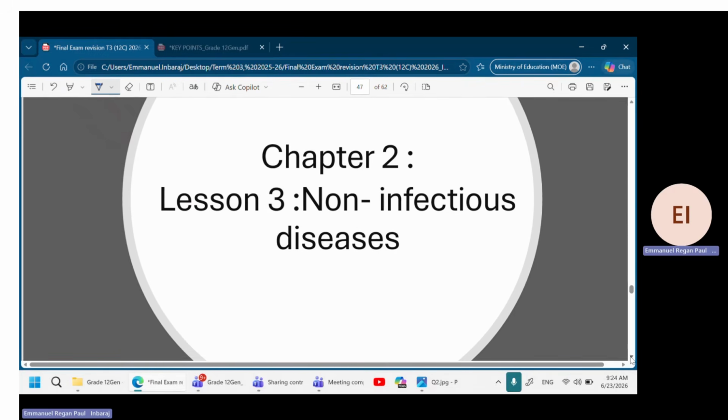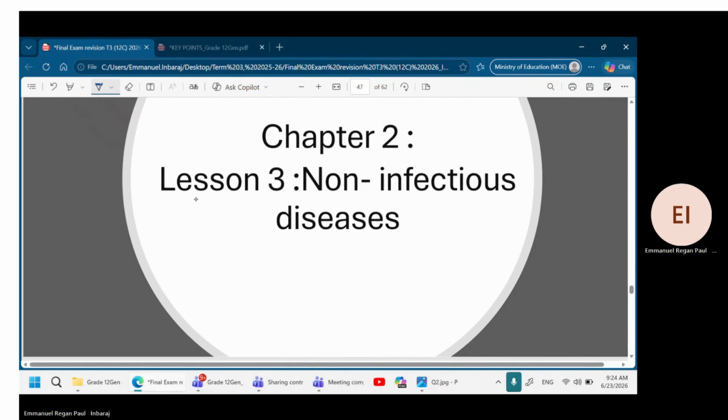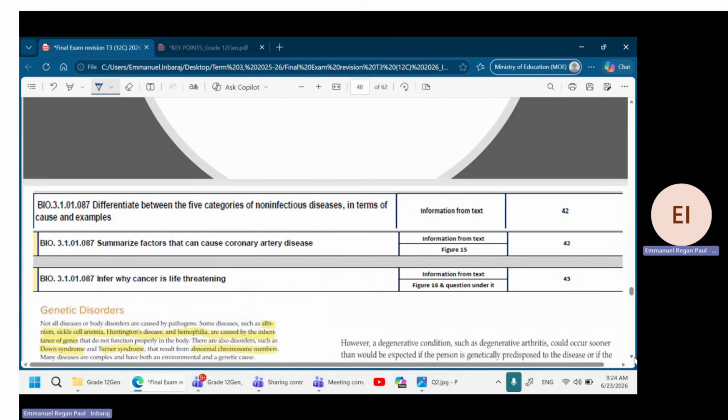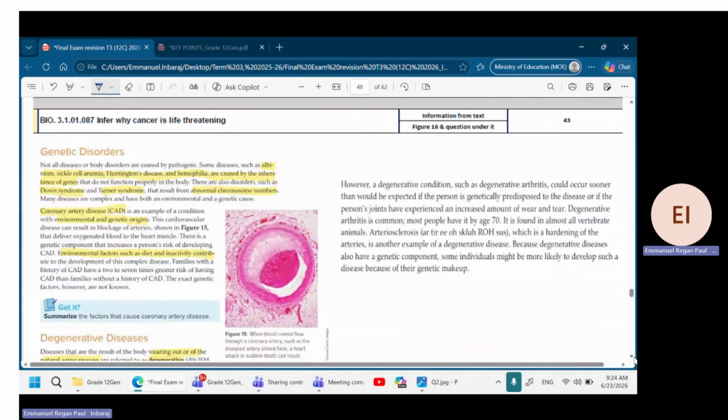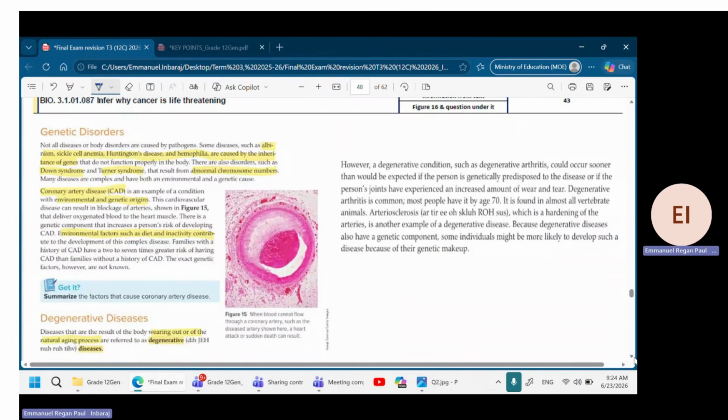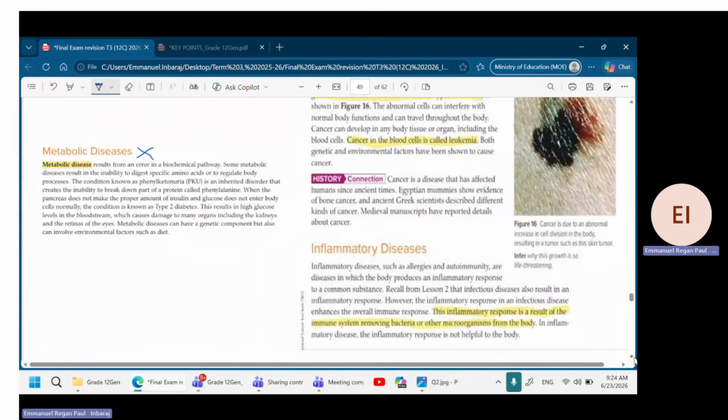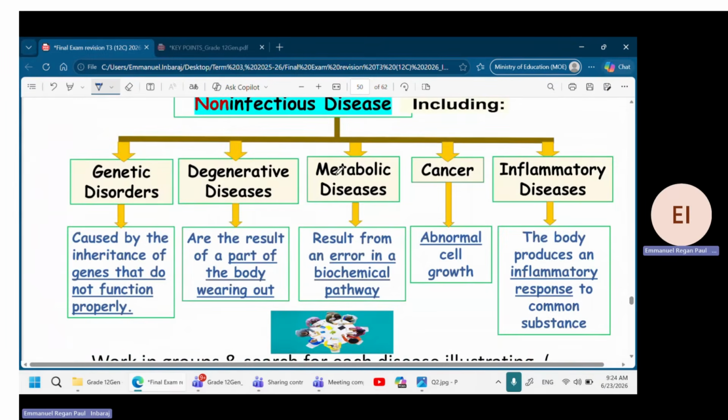Last lesson, non-infectious disease. Lesson number 3, non-infectious diseases. Okay, let's go to the last one. It's easier. No need to worry. So there are different types of disorders. Let me show you that and come back here. You see, there are 5 different non-infectious diseases. What are non-infectious diseases?